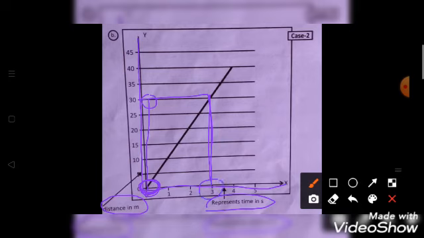So the distance-time graph represents the distance covered and the time taken to cover that particular distance. This is called a distance-time graph.